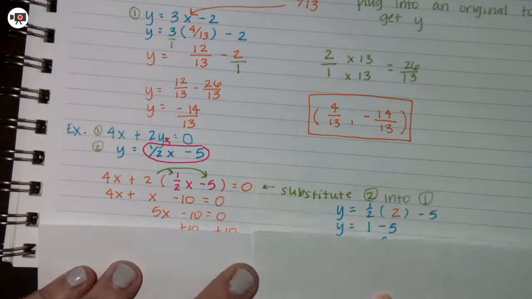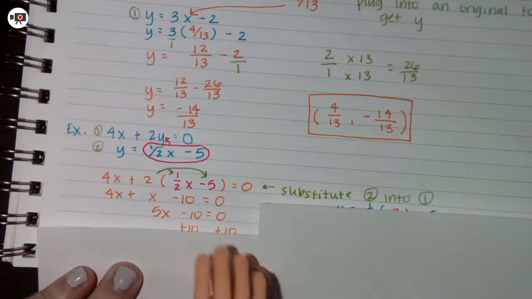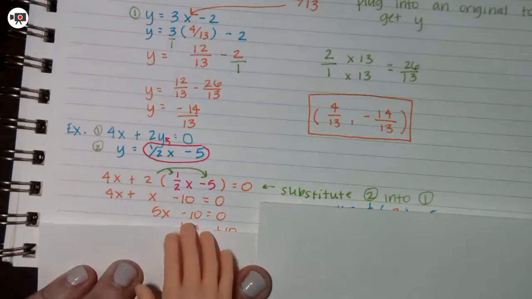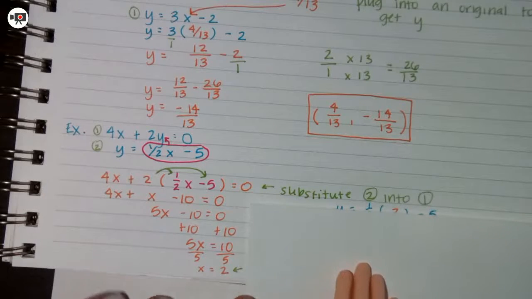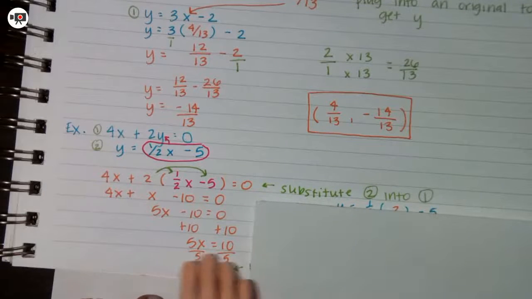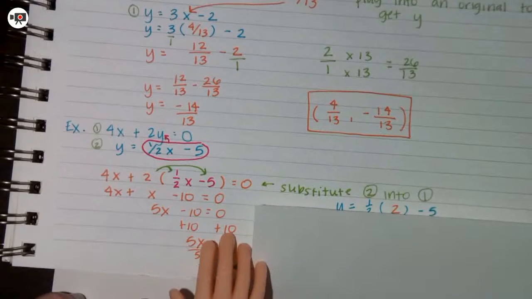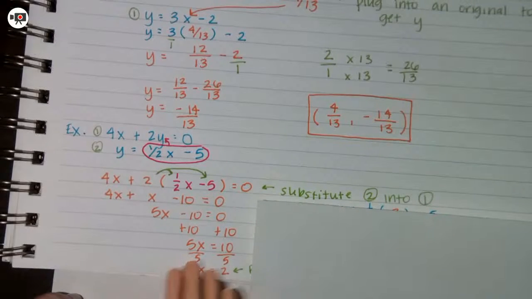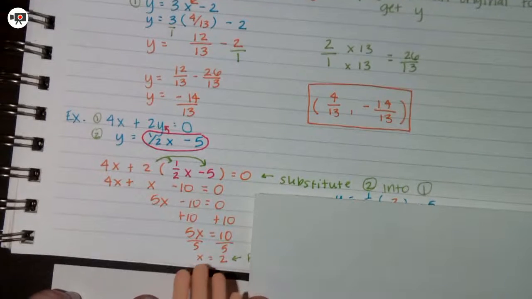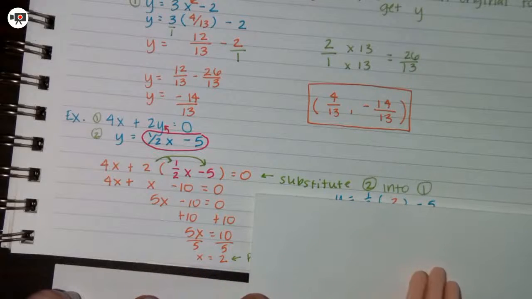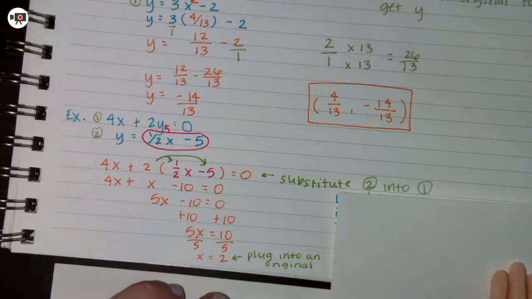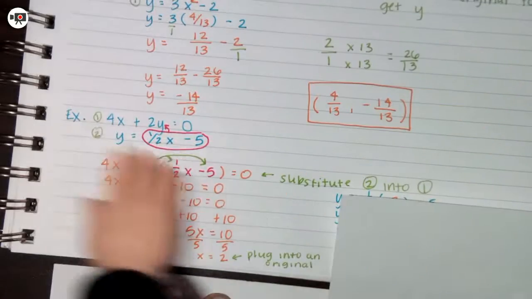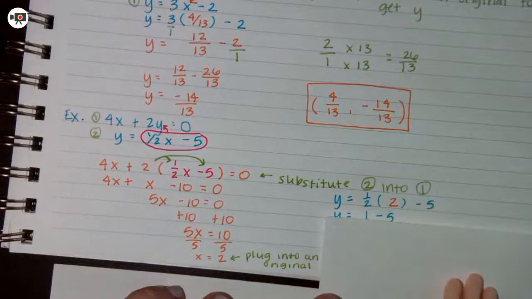Solving for x now, I have 5x minus 10 equals 0. To get x by itself, I am going to add 10 to each side, then divide by 5, and x equals 2. Then I take this x equals 2 and plug it into an original equation to get y.